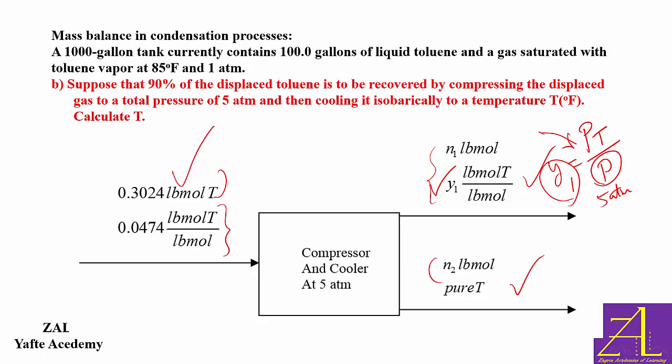Once we have the partial pressure of toluene, we know this stream is saturated, so the vapor pressure of toluene at this temperature, which we don't know, is equal to the partial pressure of toluene, which we already know. Once we have this vapor pressure, we can solve the Antoine equation for the temperature T, and we can answer the unknown in the problem.